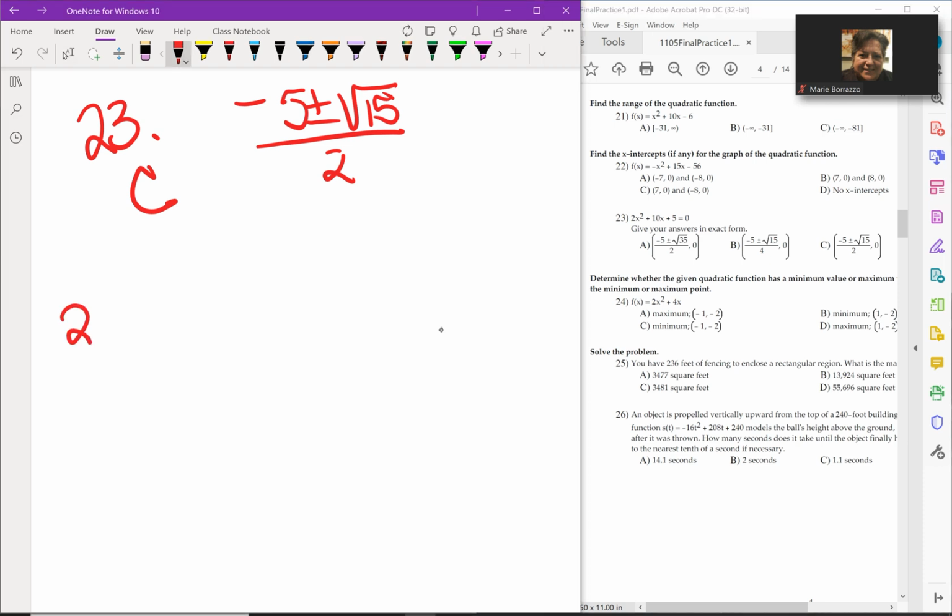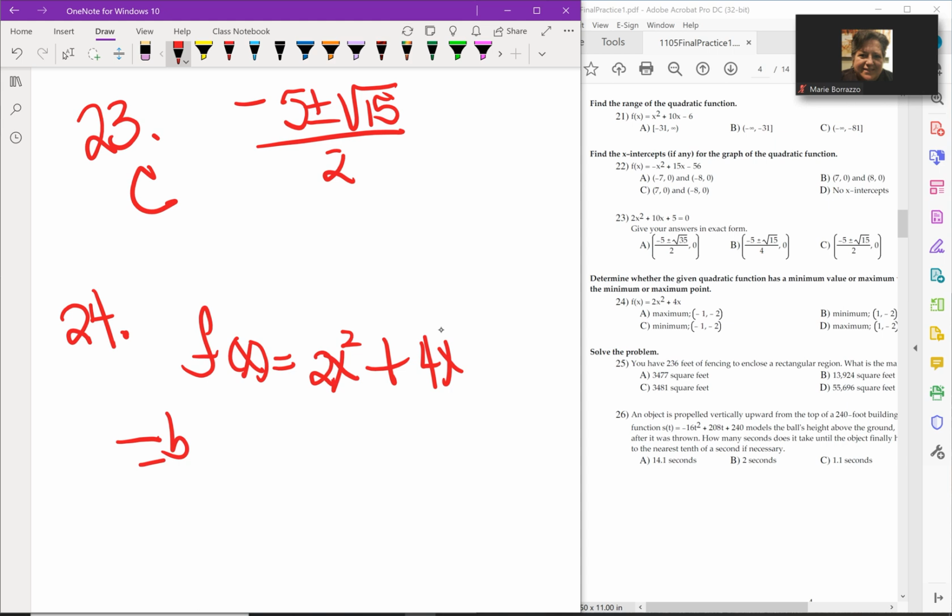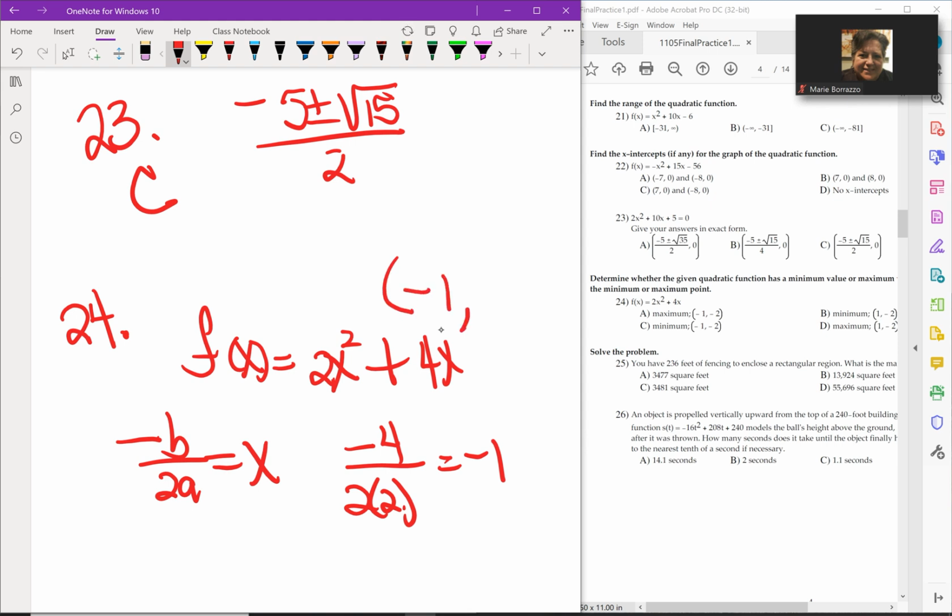So for 24, what I would begin doing is if I have f of x is equal to 2x squared plus 4x, we're going to find our vertex by using negative b over 2a to get the x value of the vertex. So this is going to give me negative 4 over 2 times 2, hence negative 1 for the x. So we know that this is at least negative 1, comma.